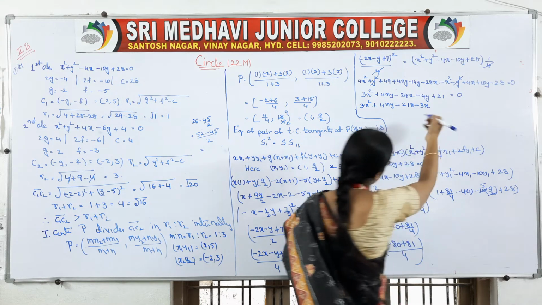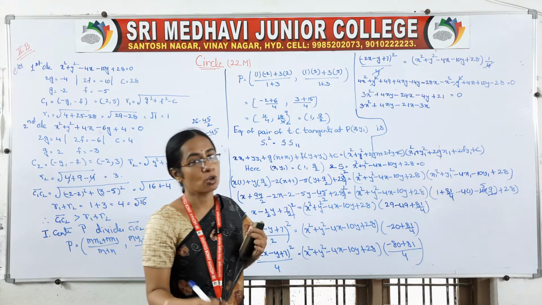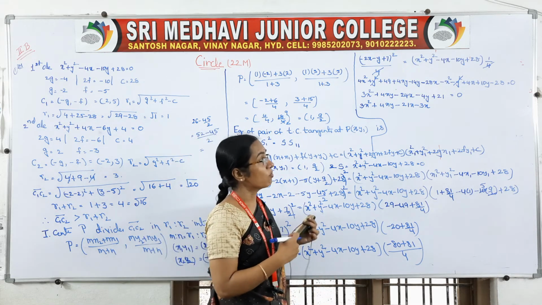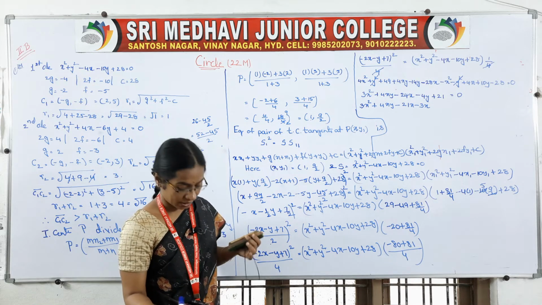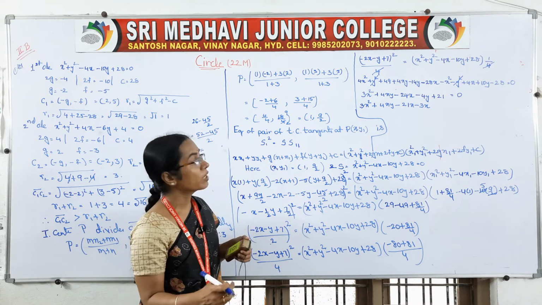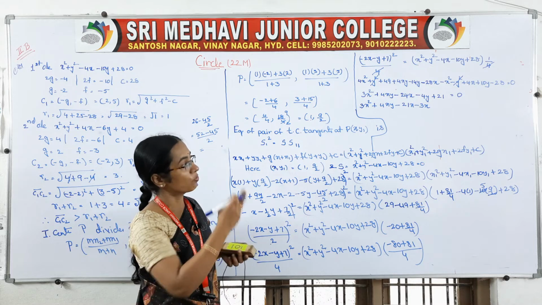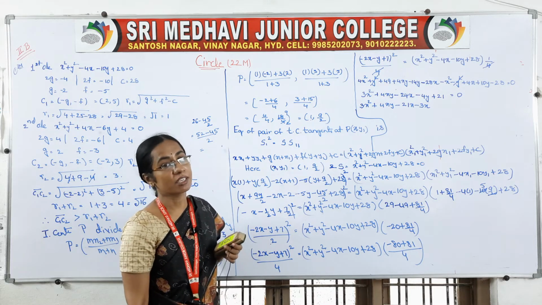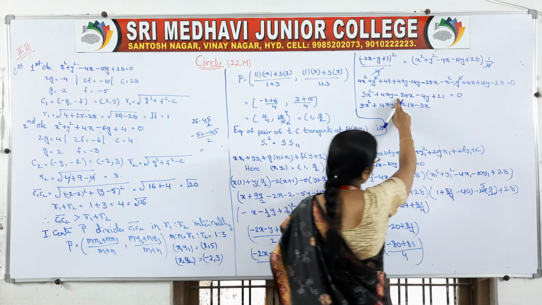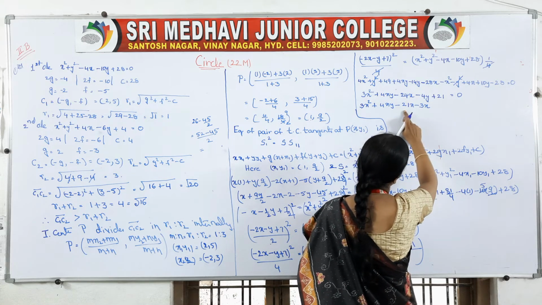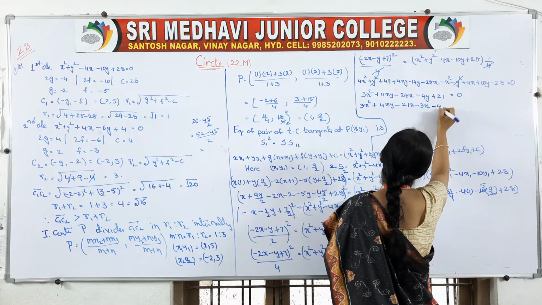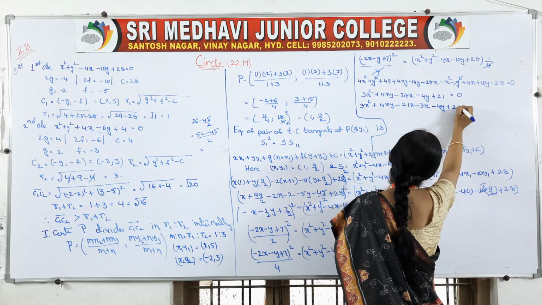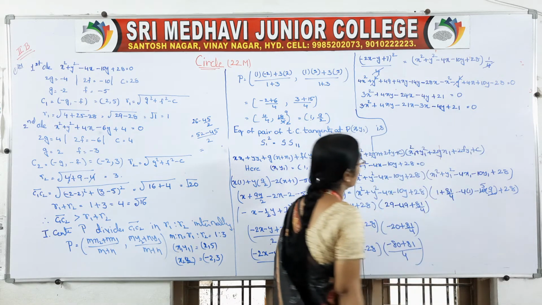Is there anything wrong in writing like this? No. Then you can ask why you are writing like this. To get two tangent equations. So from this we have to get two tangent equations. For that sake, instead of minus 24x, I have taken minus 21x minus 3x, minus 4y plus 21 is equal to 0.